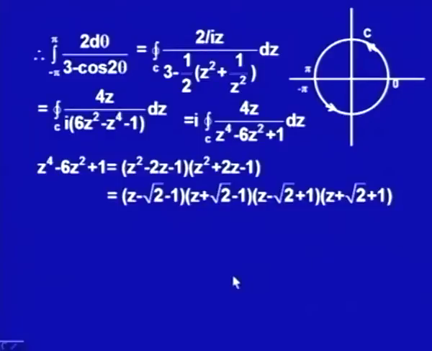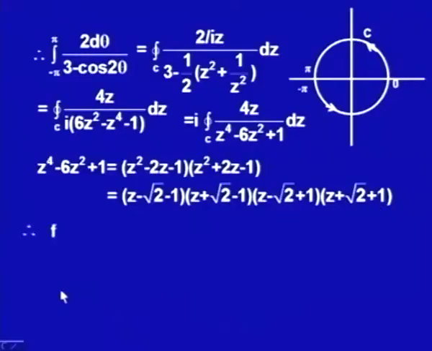So what we have got is that the denominator has zeros at 1 plus root 2, at 1 minus root 2, and again minus of 1 plus root 2 and minus of minus 1 minus root 2.